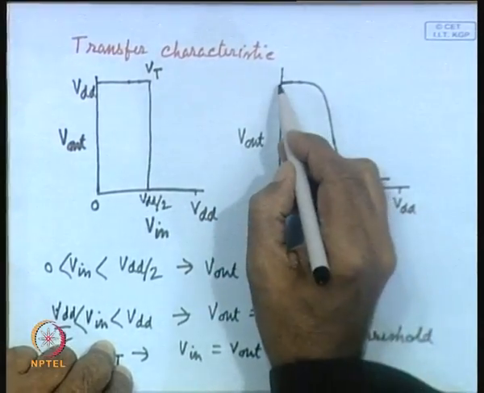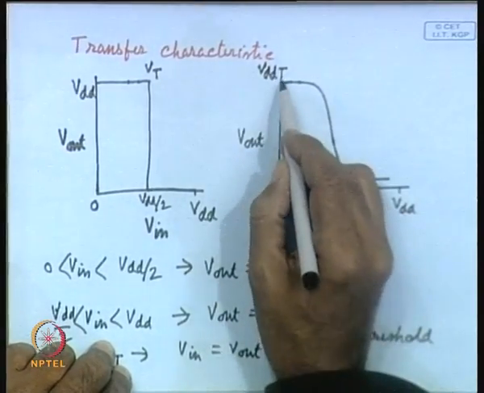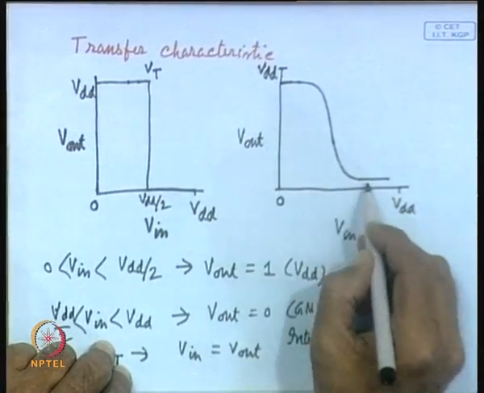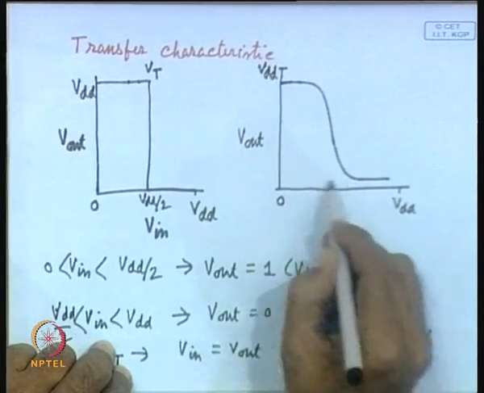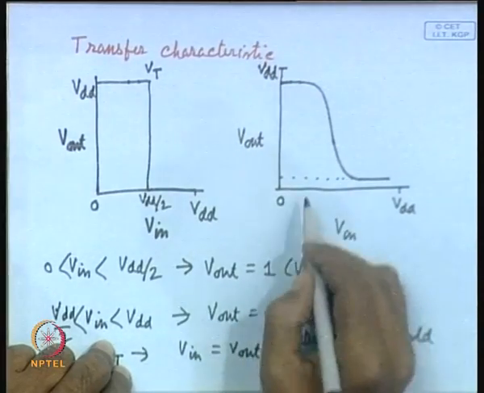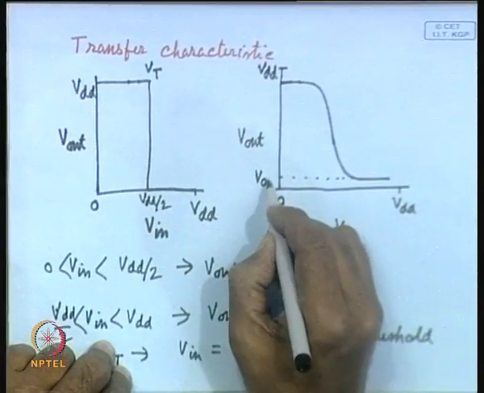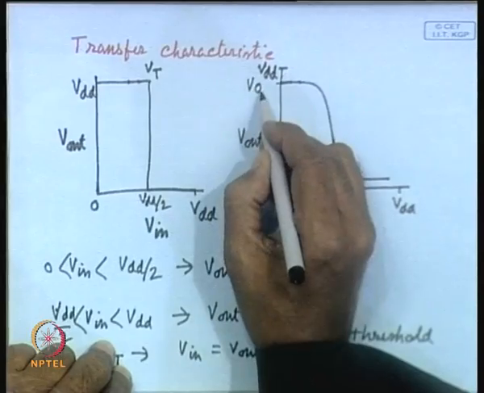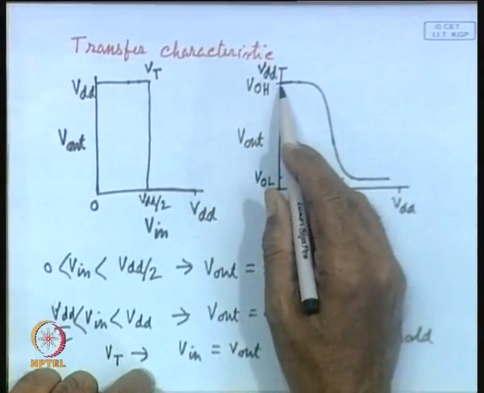Suppose this is VDD, so it may be little less than VDD. Similarly, the low level may not be exactly 0, this is actually little more than 0. So, it is called the VOL, output level low, and this is called the VOH, high level output, which is represented here.